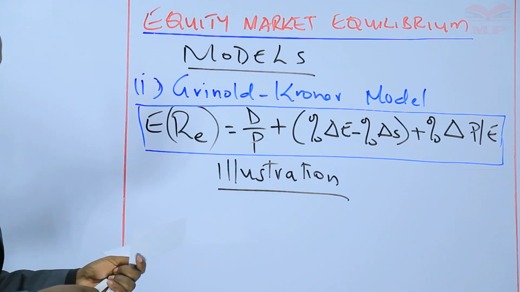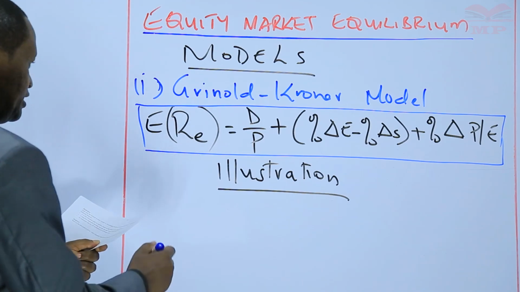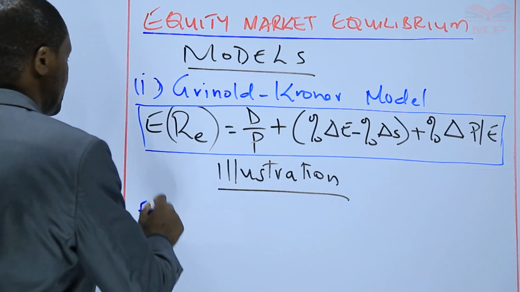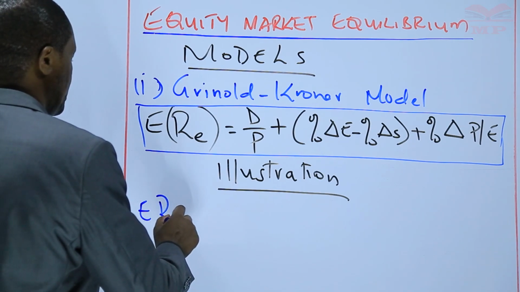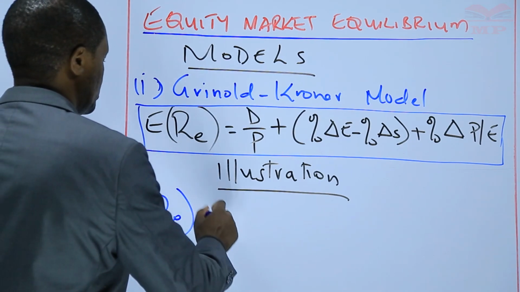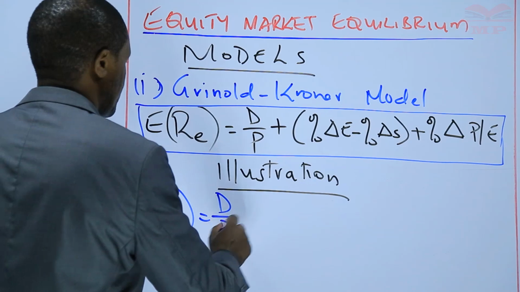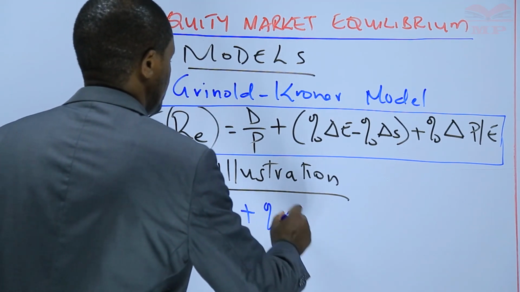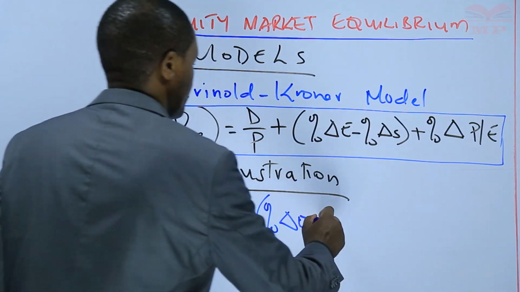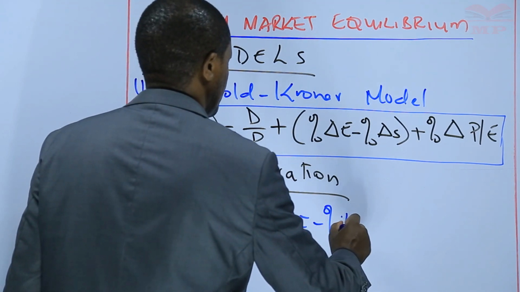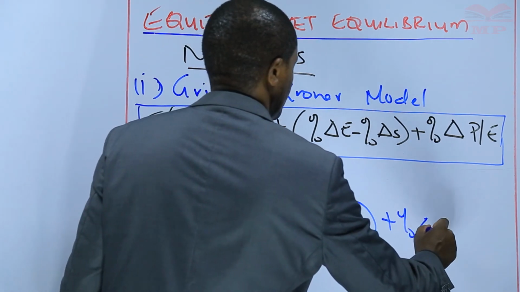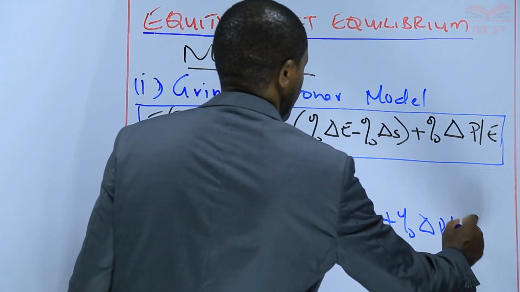And we know, candidates, that the expected return on equity is equal to D over P plus percentage change E minus percentage change S plus percentage change PE.